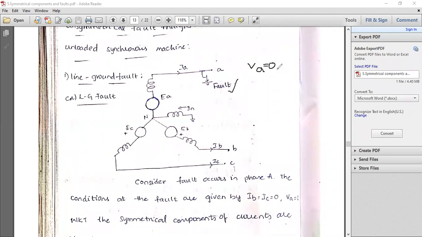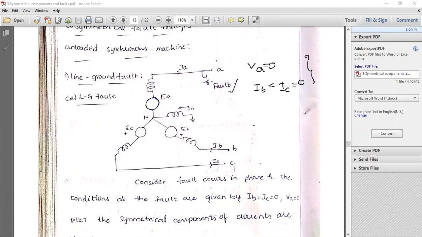Because most of the current is trying to flow in that path, obviously a short circuit current is trying to flow in that particular path, and the voltage across the line to ground is equal to 0. So VA is equal to 0. Now what about IB and IC? If IA is the fault current, then IB and IC are equal to 0, because in those two phases no current is trying to flow. IB is equal to IC is equal to 0. So these two are the fault conditions.